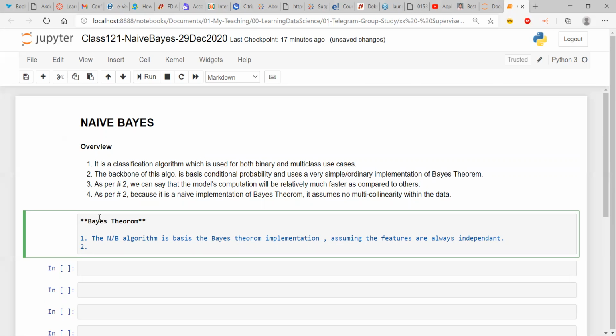That's the reason why our algorithm is called naive Bayes, because that is a very naive assumption that my features will be uncorrelated with each other, which in real life is very difficult to find. Whenever we start collecting features, we will always find that one feature is related to another.